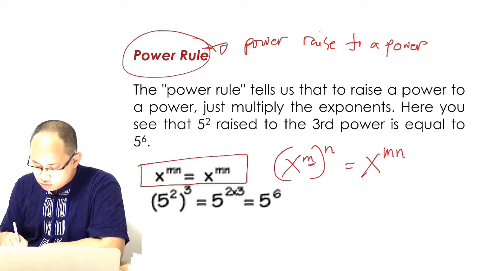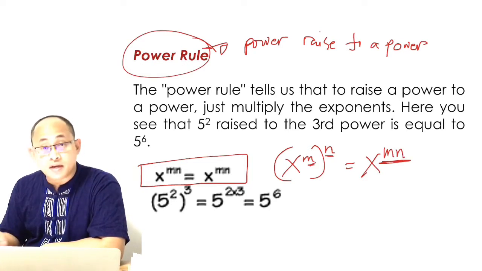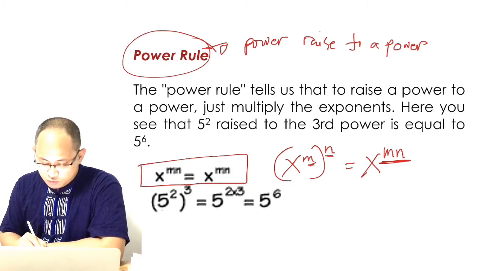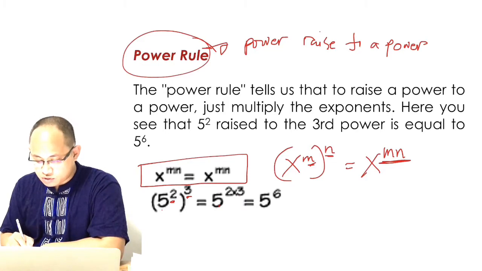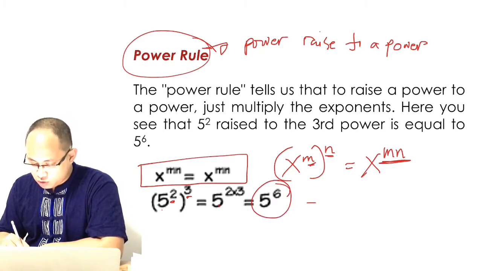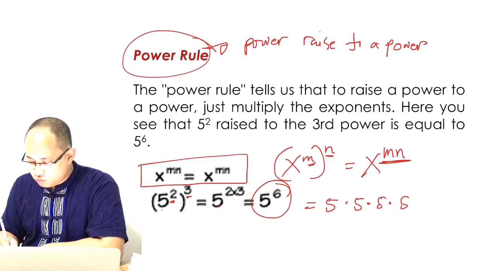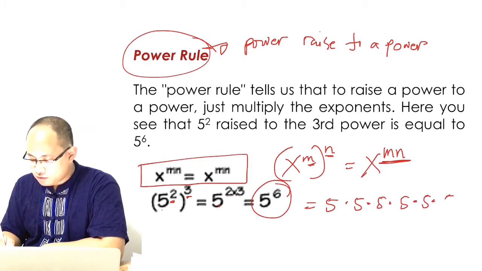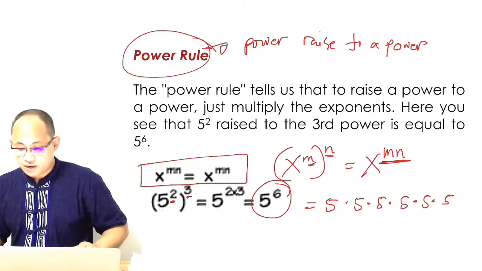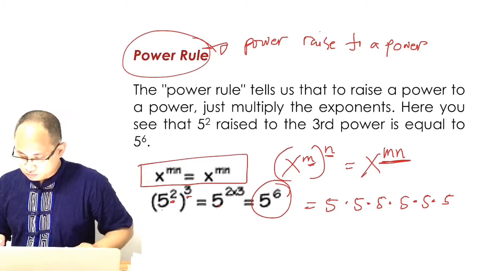A power raised to another power, you multiply the powers. So 5 to the power of 2, raised to the power of 3, becomes 5 to the power of 2 times 3, which is 6. So you multiply 5 six times: 1, 2, 3, 4, 5, 6. This is what we call the power rule.